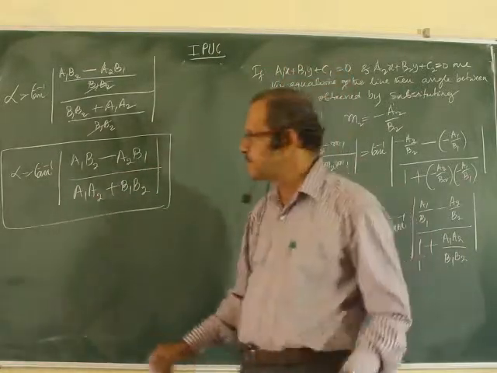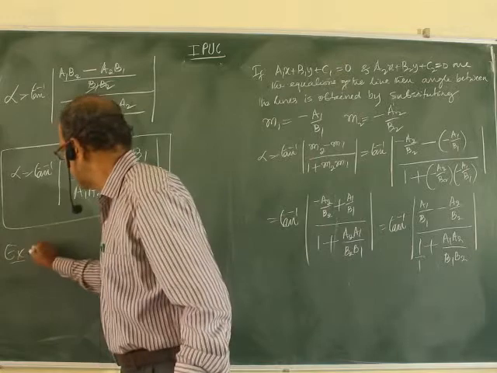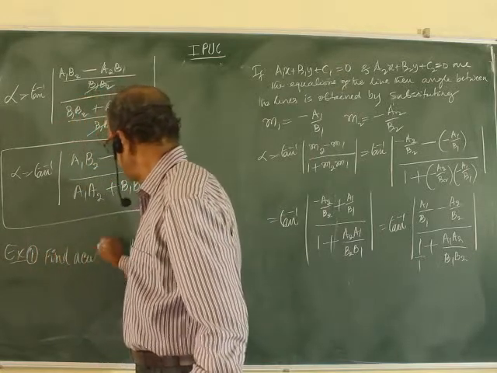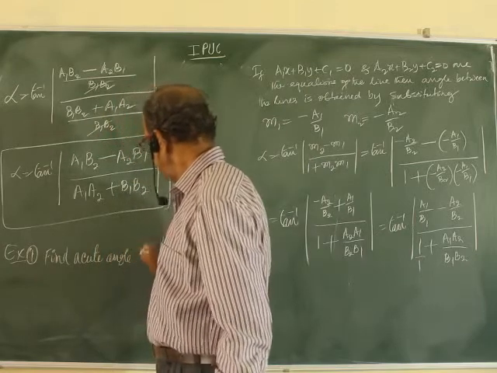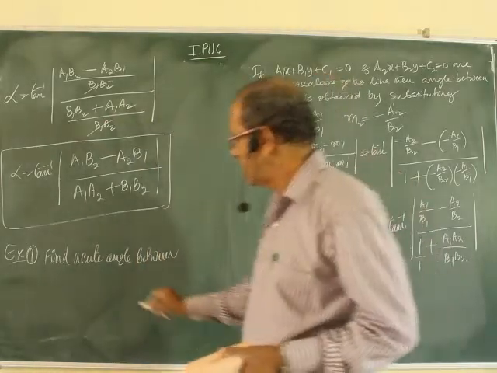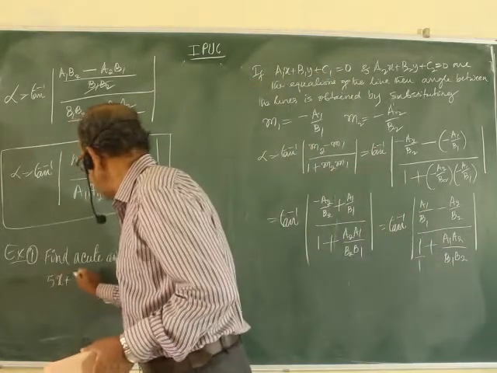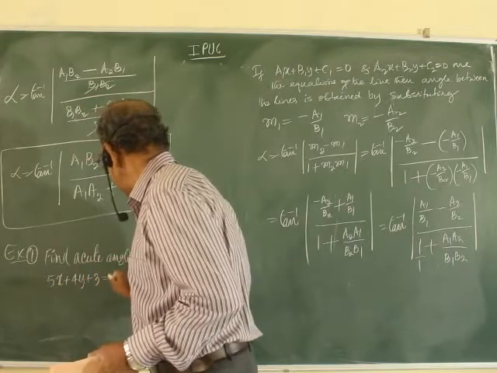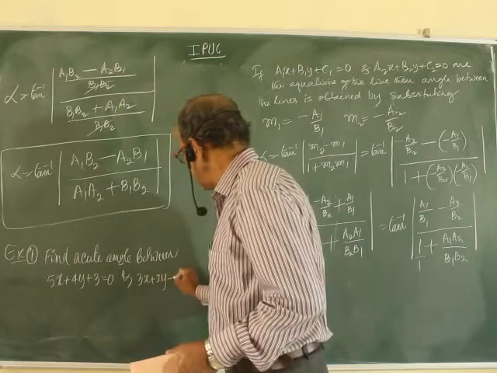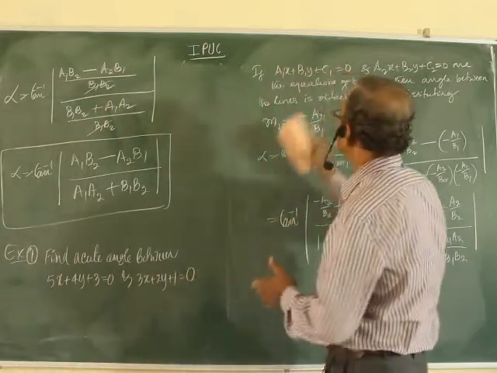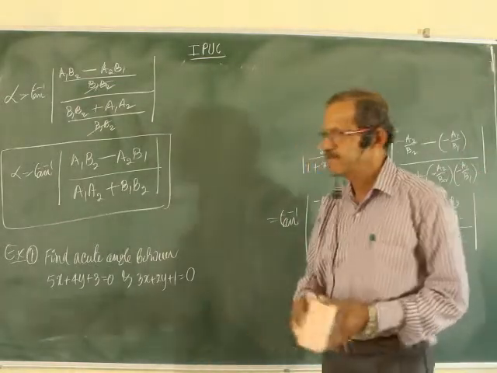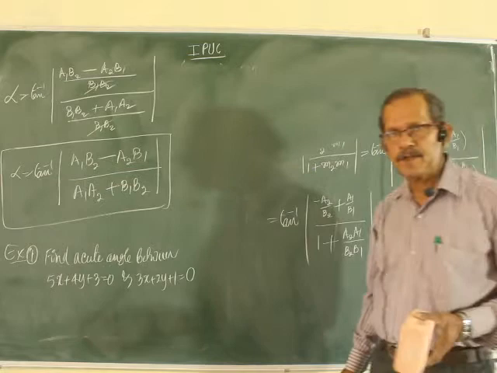Shall I take one problem? Right, example. Find the acute angle between 5x plus 4y plus 3 equal to 0 and 3x plus 2y plus 1 equal to 0. The equation of the straight line is ready. M is not given.